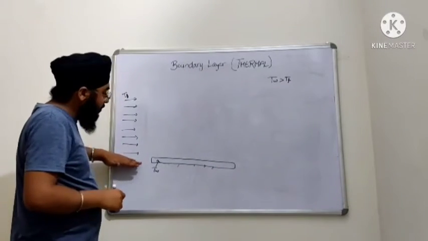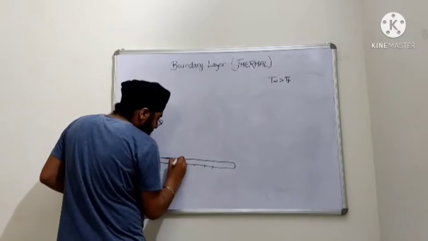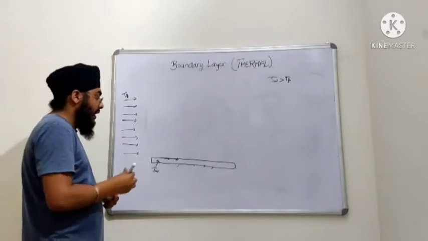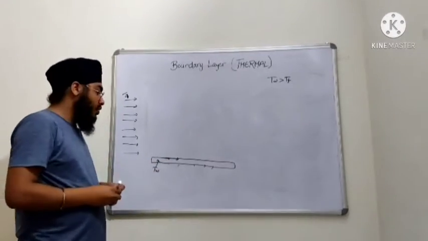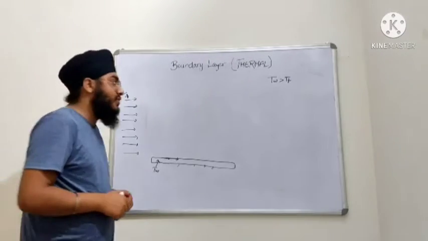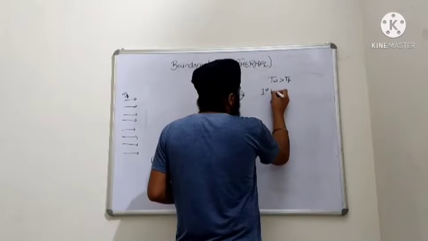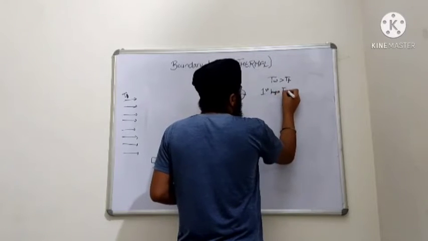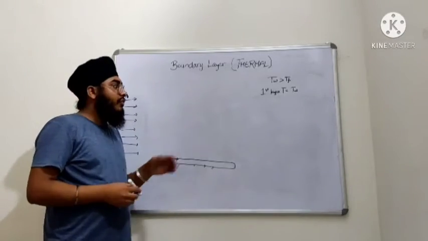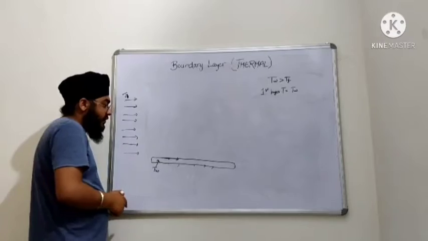Now, when this fluid approaches this surface, the first layer, which is in contact with the surface, will have its temperature become almost equal to Tw because of the heat transfer.